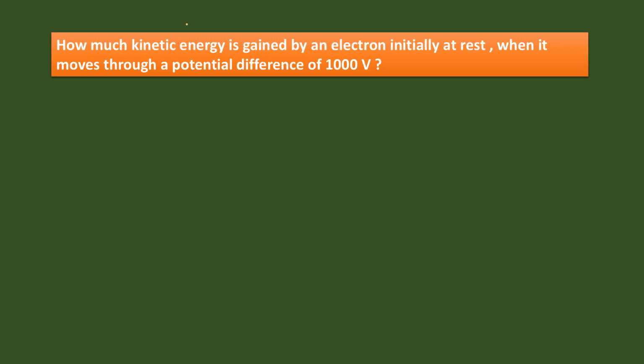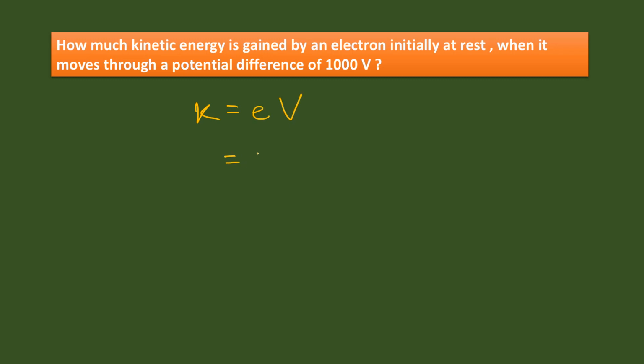In this whole chapter, we haven't got any expression that relates kinetic energy and potential difference. But whenever the electron is being accelerated, or moved in an electric field, it will have some kinetic energy, equal to the charge of the electron multiplied by the potential difference.